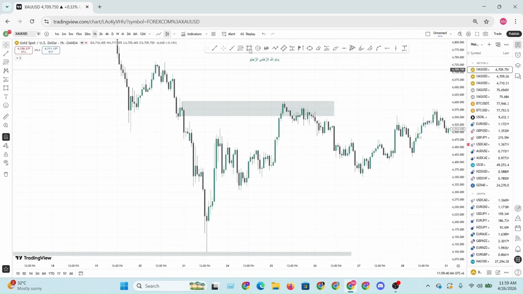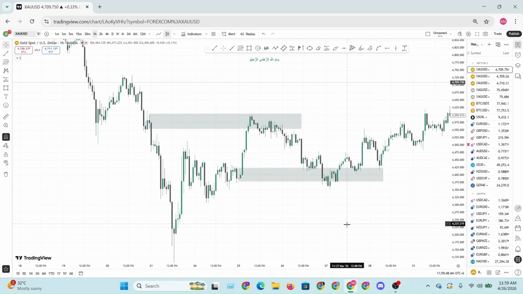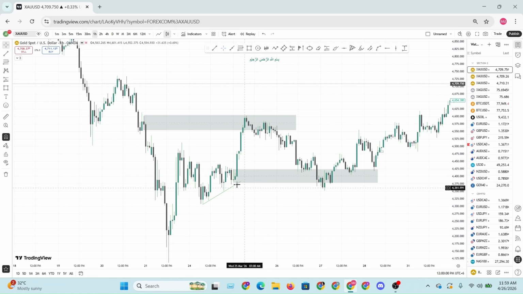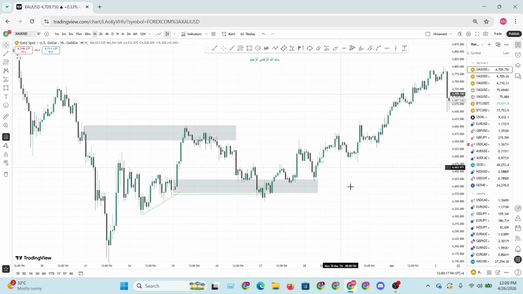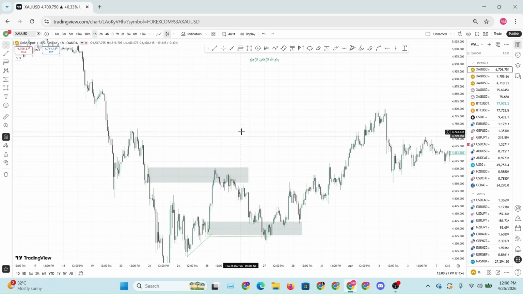So then FVG to order block to again order block. This extra move is for this liquidity. It wants to grab some liquidity. That's why it took this low, one low, two low, three low. So the first low it grabbed, the second low it didn't take and went. So this order block two, then again.